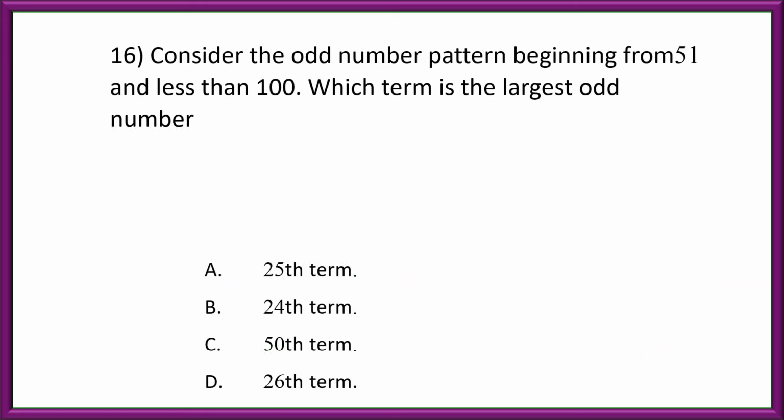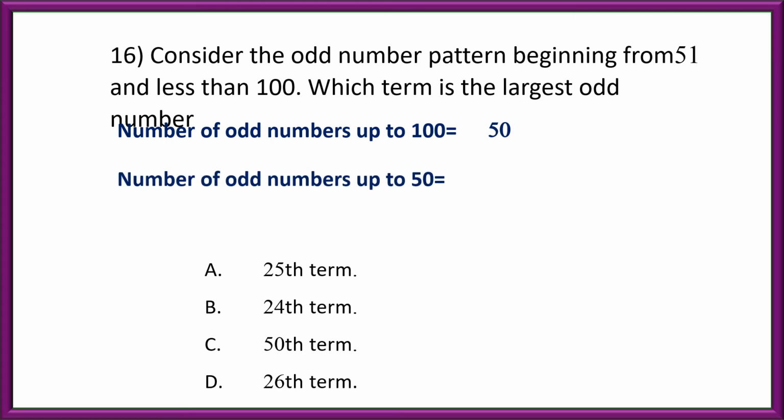16. Consider the odd number pattern beginning from 51 and less than 100. Which term is the largest odd number? Here, at first, let's consider the number of odd numbers up to 100. There are 50 odd numbers. And then consider the number of odd numbers up to 50.